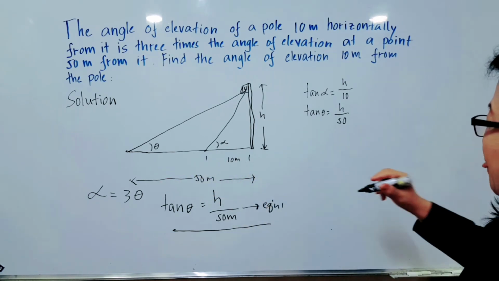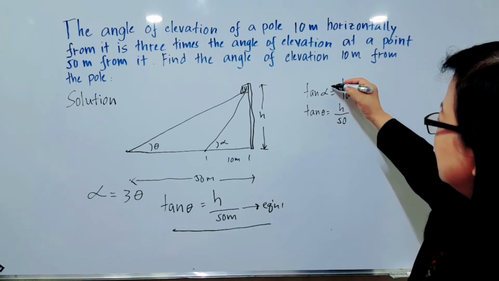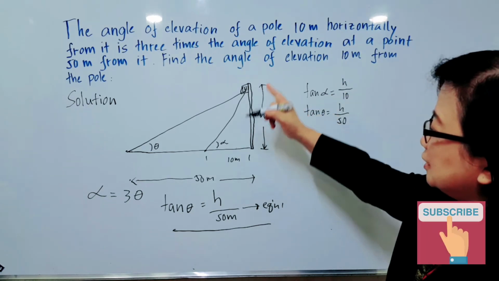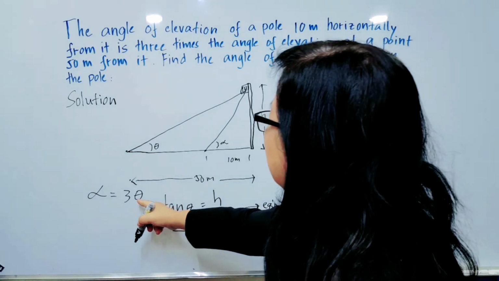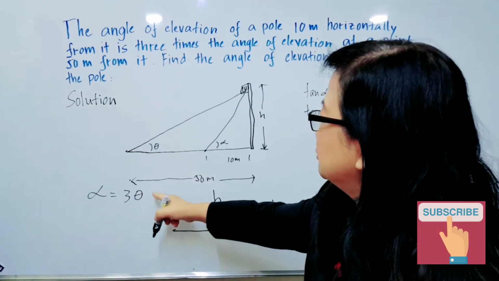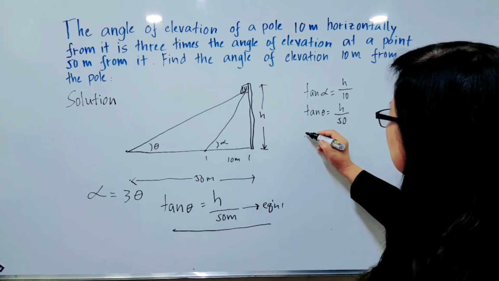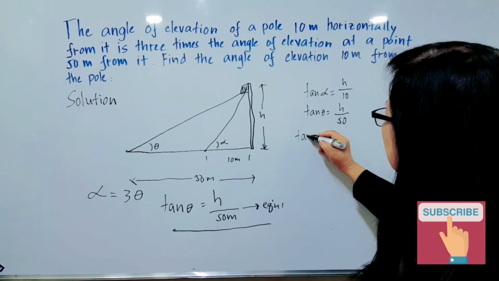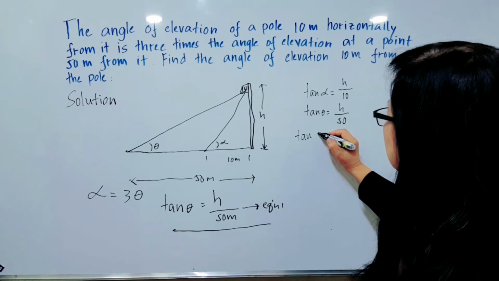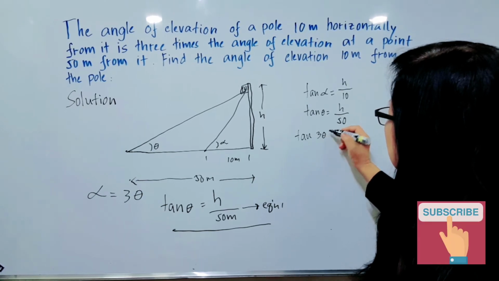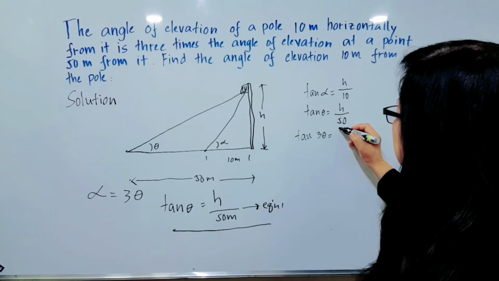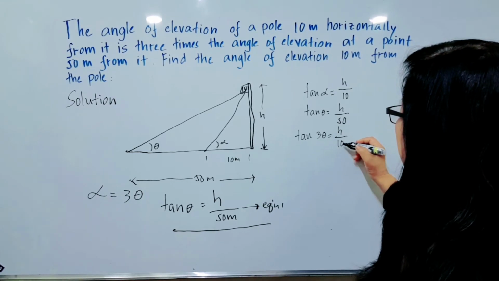Now, since itong alpha, sinasabi dito that it is 3 times the angle here, so 3 times theta, we can substitute: tangent of alpha, which is equal to 3 theta, is equal to h over 10.